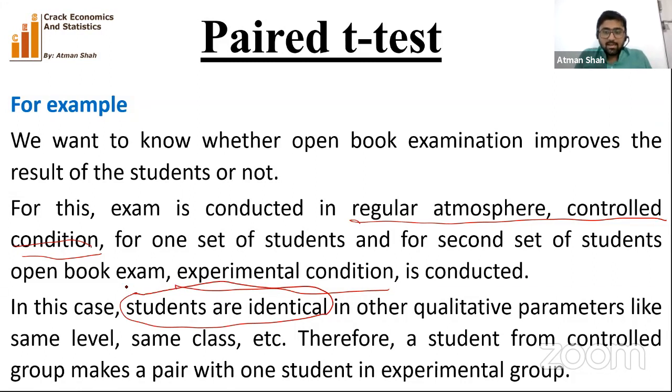Students are identical in other qualitative parameters like same class, same level, same background, etc. Therefore, a student from the control group makes a pair with one student in the experimental group, and then we analyze whether the results of these two groups are statistically different or not.